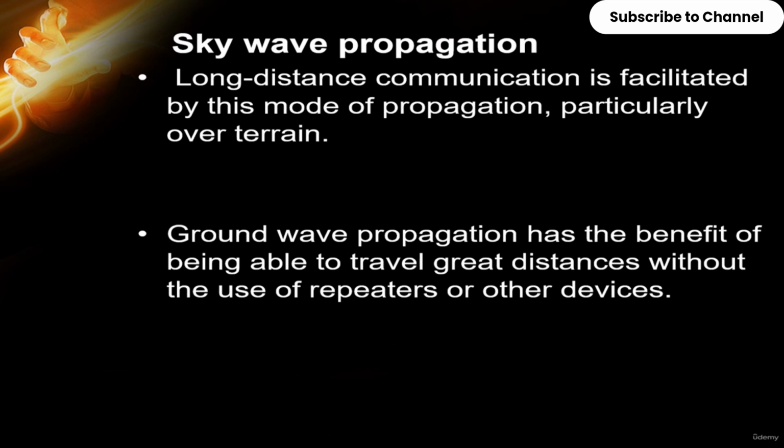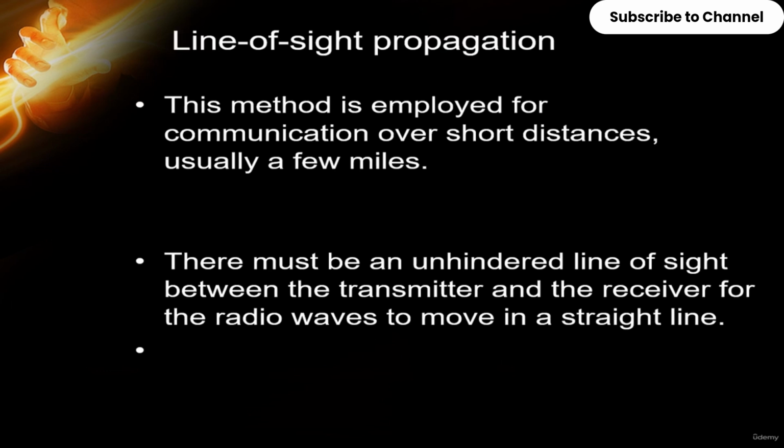Ground waves benefit from greater distances with the help of repeaters or other devices, and the radio wave conditions are diminished or increased with the help of the repeaters. Next we will see line of sight propagation.